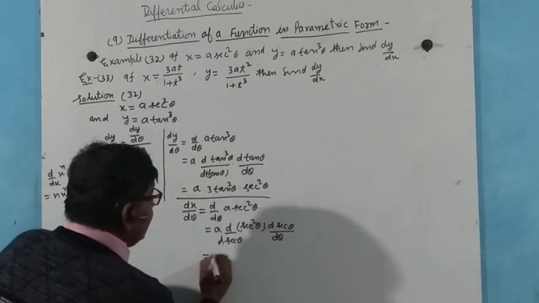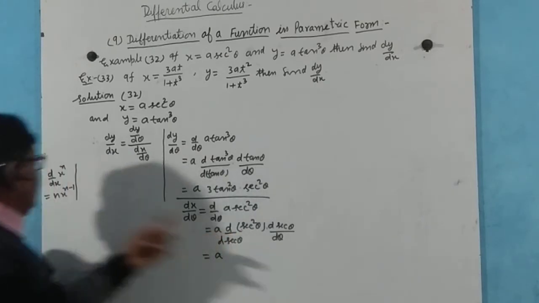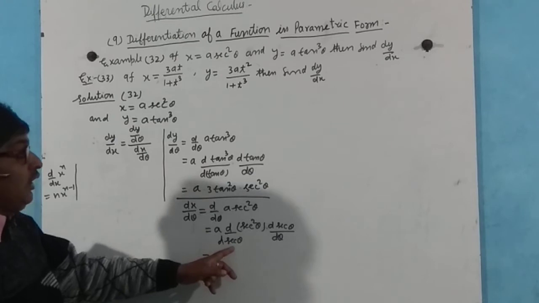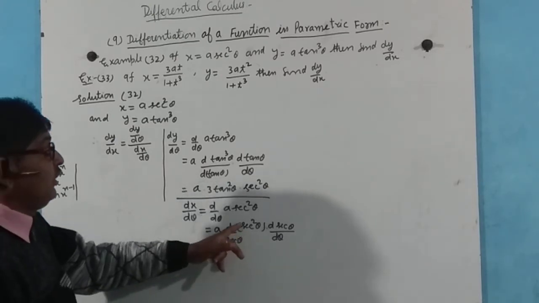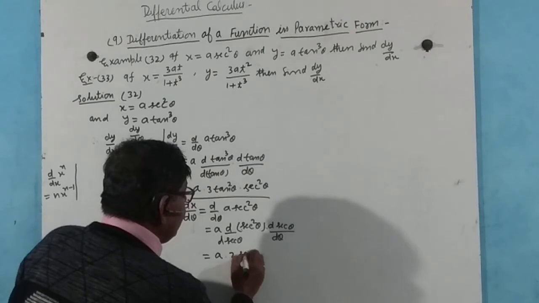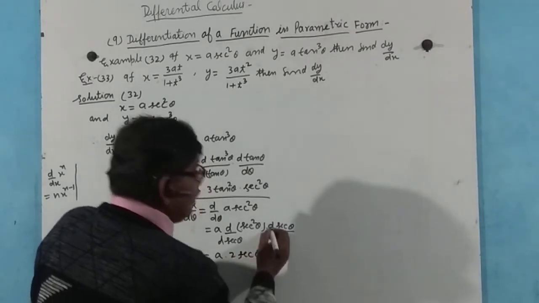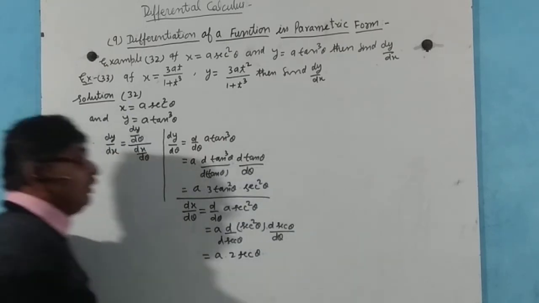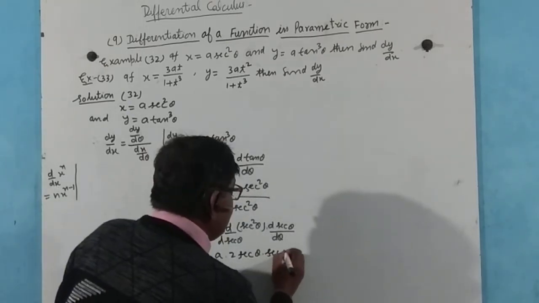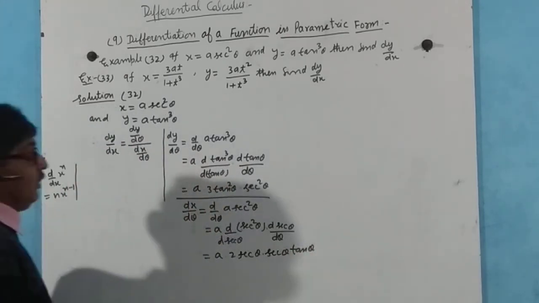Now here a is a constant, and for sec square theta in a similar sense, with respect to sec theta, n x to the power n minus 1 gives 2 sec theta, and the differentiation of sec theta is sec theta tan theta.